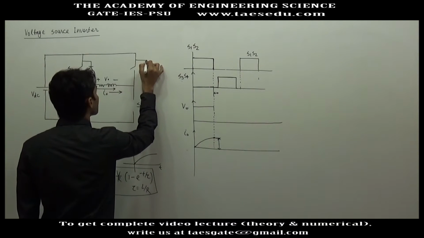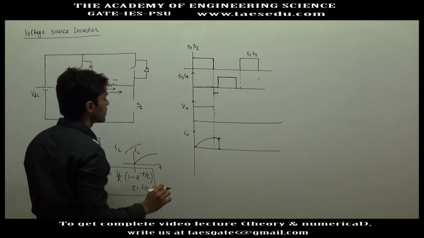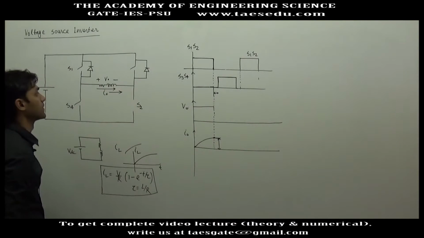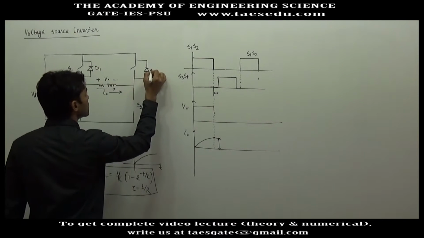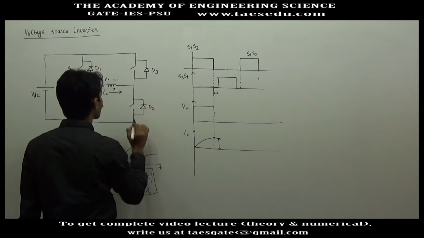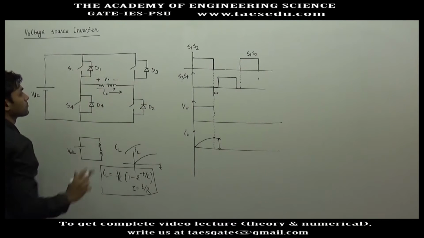First I am connecting anti-parallel diodes, and later we will see how this diode serves the purpose of the flow of the inductor current. So this is D1, this is D3, and remember the switch will conduct in the downward direction.